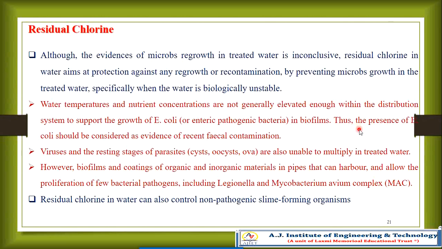Thus, the presence of E. coli should be considered as evidence of recent fecal contamination.